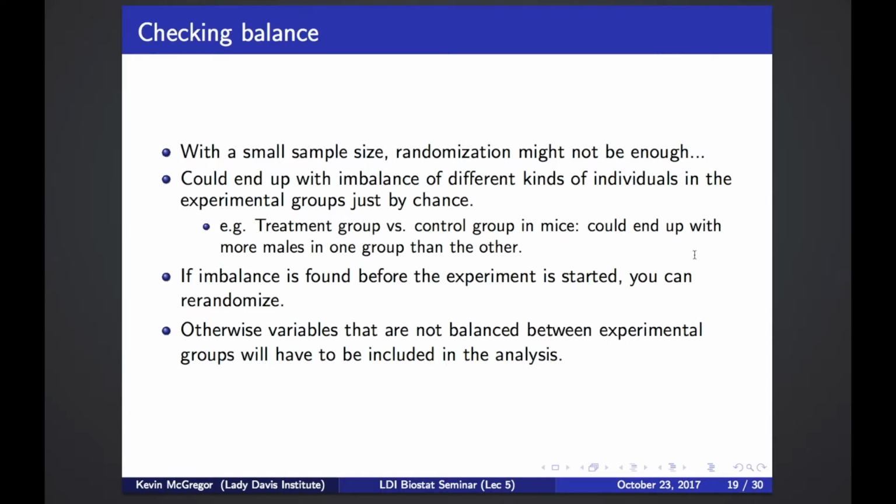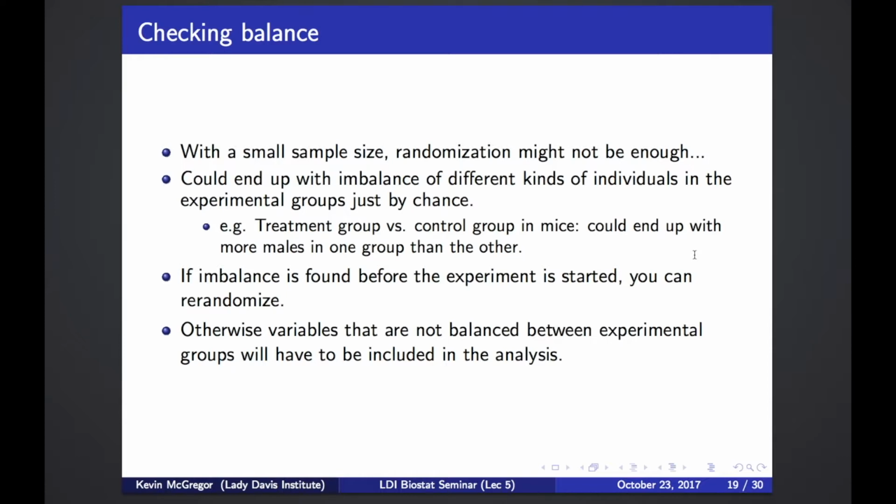There are a few things you can do when you randomize and find imbalance. If you see imbalance before you even start your experiment, the good thing is you can just redo the randomization and see if you get a better balance. It's perfectly okay to do that. But in many cases, there are certain things that you can't see until you've collected your data.